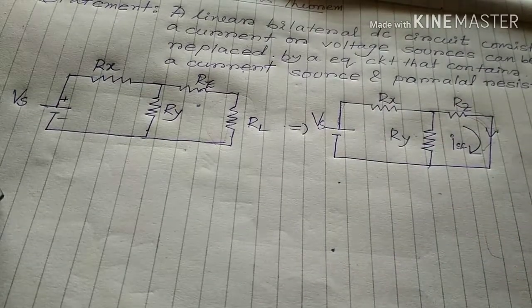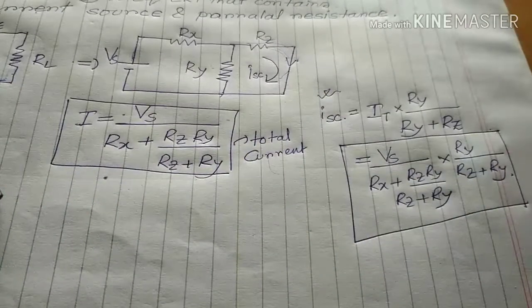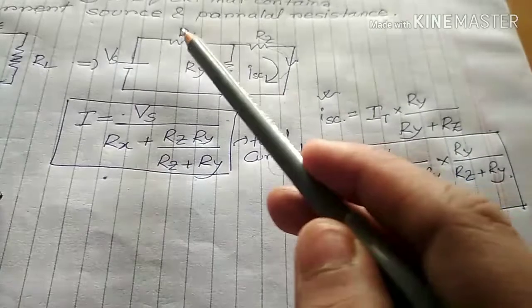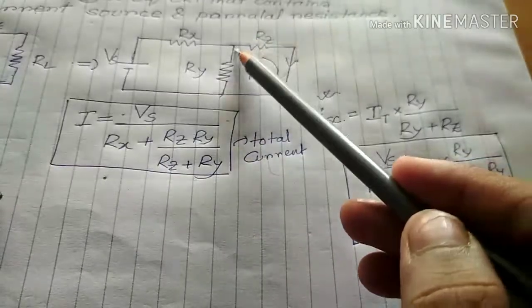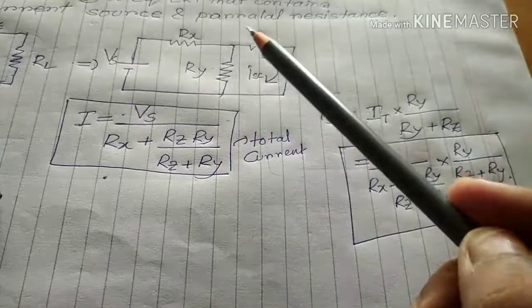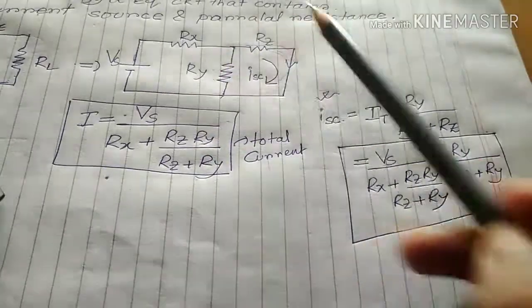So now let's calculate. This is the total current through the circuit. Rx is in series with this parallel branch, so the total resistance is Rx plus Ry into Rz divided by Ry plus Rz.